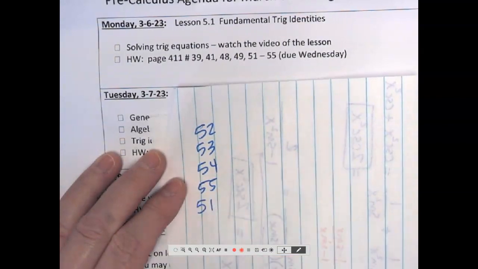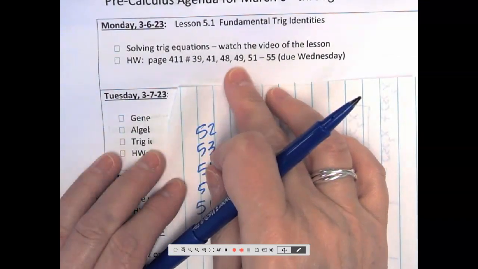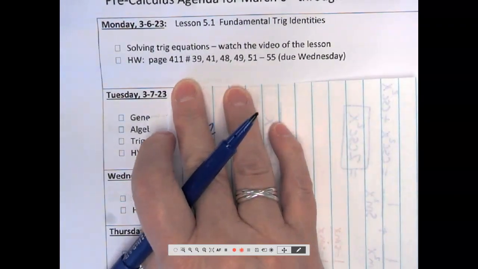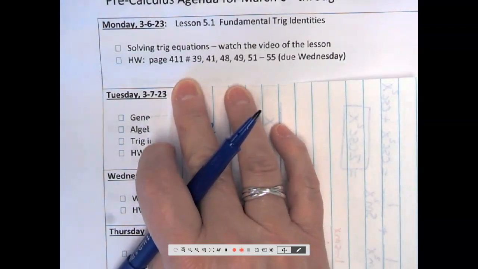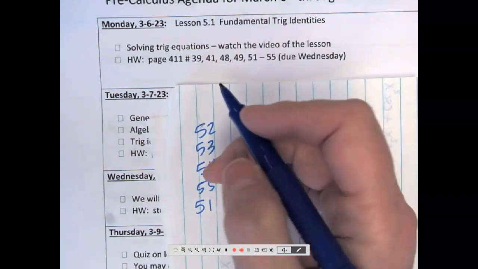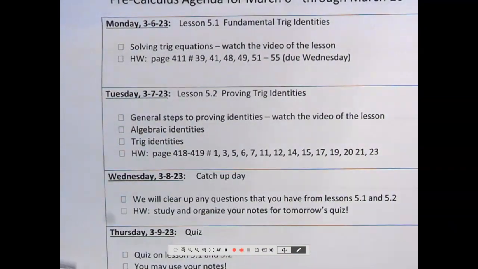The 50's gotcha, huh? 39, 41, 48, 49, we're okay? Do you care which one? Does someone have a preference of these first four? Let me see which one I think looks worse. 41? Okay. All right, so start with 41.